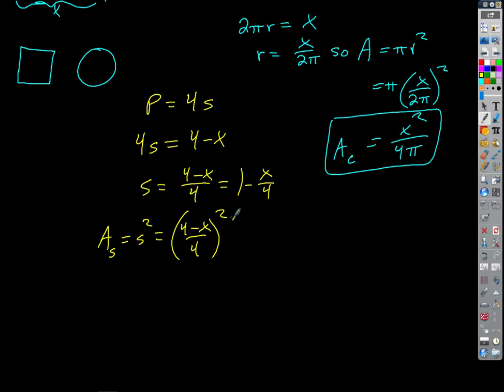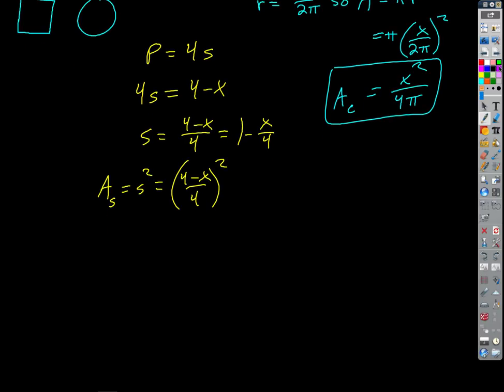Total area is what we're trying to maximize, so that's what the primary equation builds. So let's add those things up. Area as a function of x, it's only one variable, is equal to the area of the square plus the area of the circle.